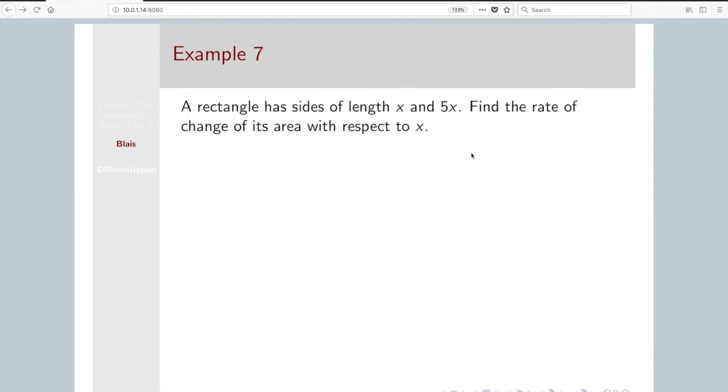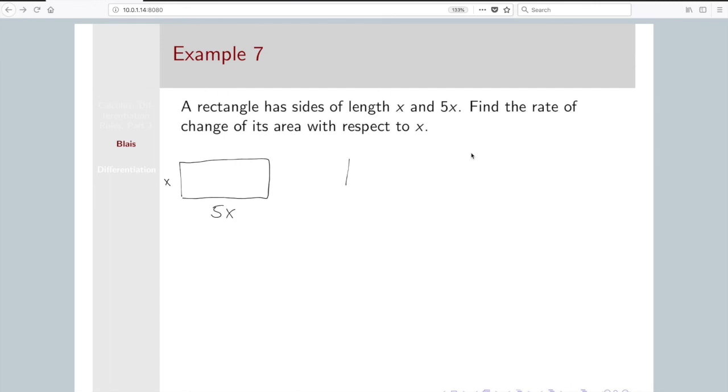We can also have rate of change questions where they're mathematical and not so application based. So suppose we have a rectangle. It has a side x, and then it has a side of 5x, and we're asked to find the rate of change of its area with respect to x.